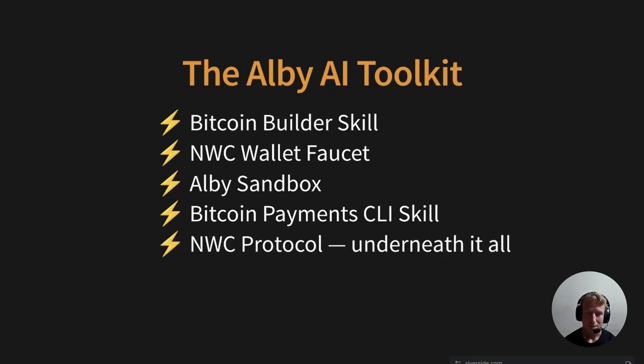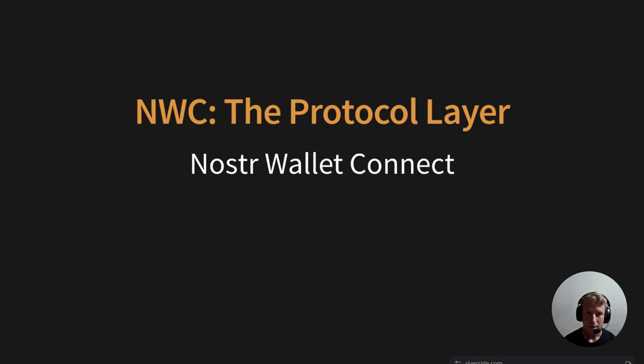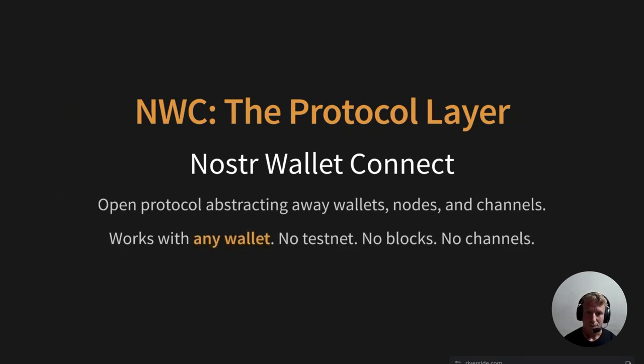And finally, these are all powered by Nostr Wallet Connect, which is just an open protocol to connect applications to wallets. So there are a few cool things about this. You don't actually need to use Nostr at all. You don't have to understand how it works. But it kind of sits above Bitcoin and Lightning, actually. It's like a third layer. It's an abstraction.